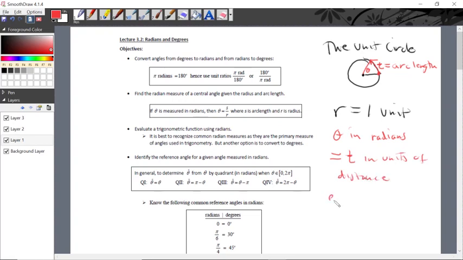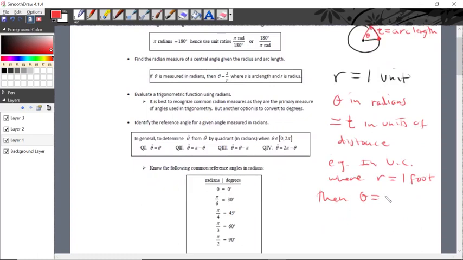So for example, if we are in the unit circle, where r is equal to 1 foot, that is the radius of the circle is 1 foot, then an angle of, let's say, 2 radians can immediately be associated with a distance traveled along the circle of 2 feet. So if theta is equal to 2 radians in rotation, we say that there's also a distance of 2 feet.